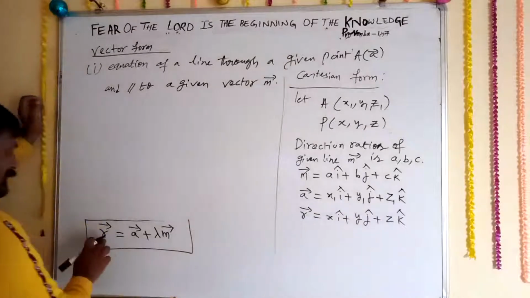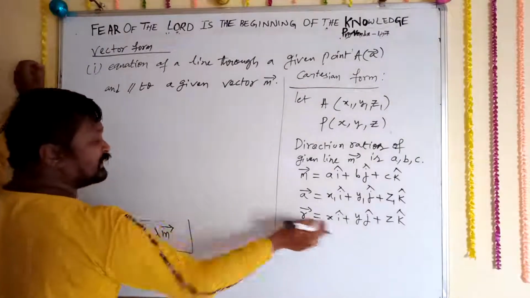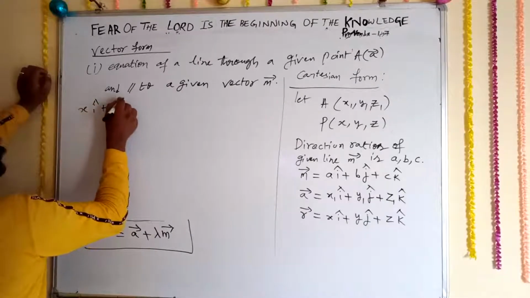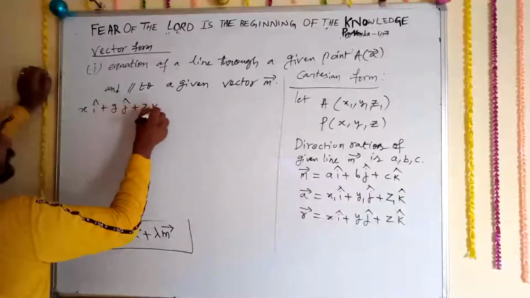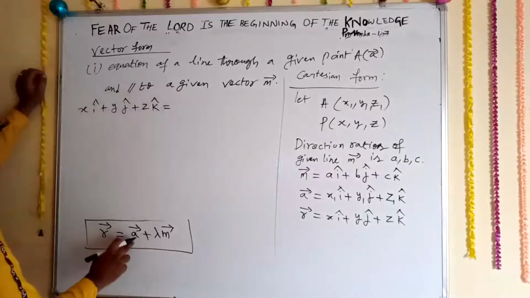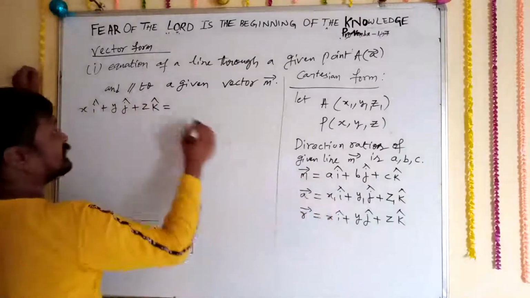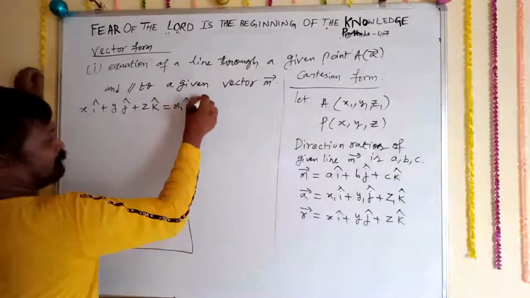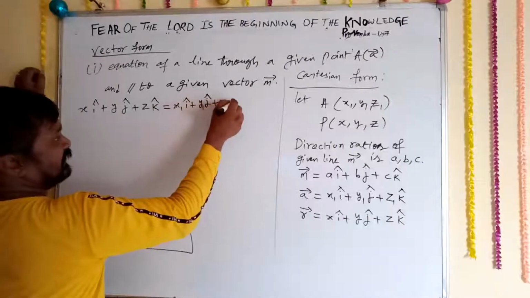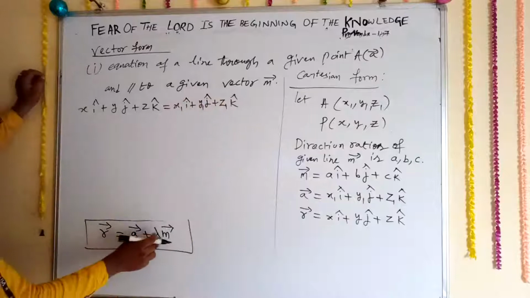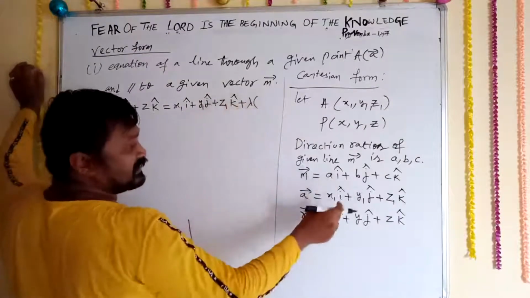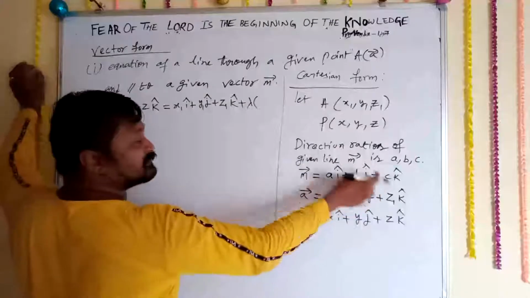Okay, let me check now how to solve. First, the R vector: x i cap plus y j cap plus z k cap is equal to the A vector, which is x1 i cap plus y1 j cap plus z1 k cap, next plus lambda m vector. Lambda m vector is nothing but a i cap, b j cap, c k cap.